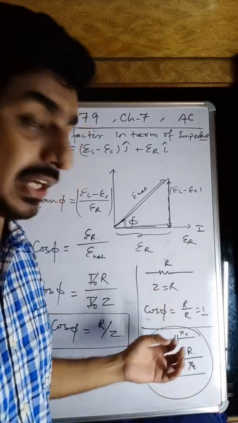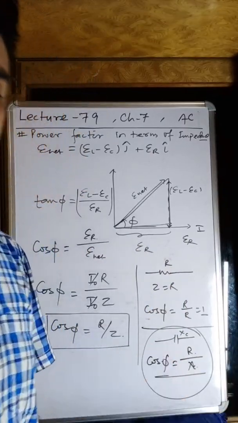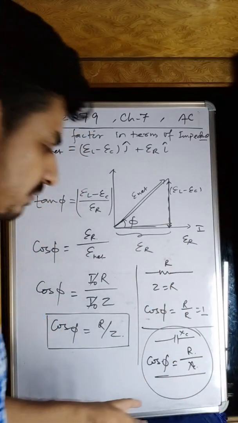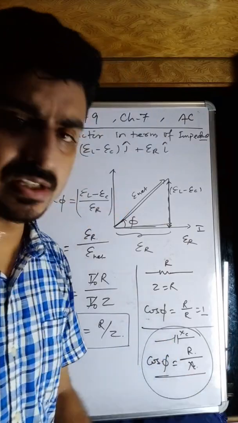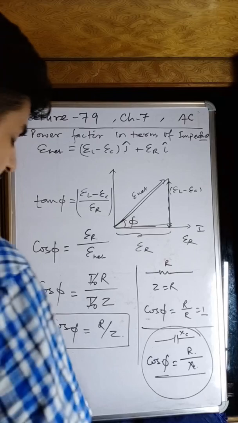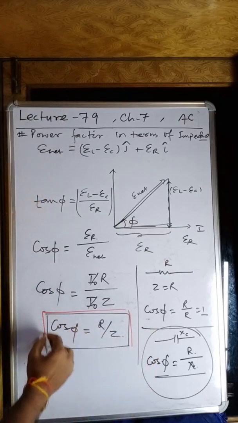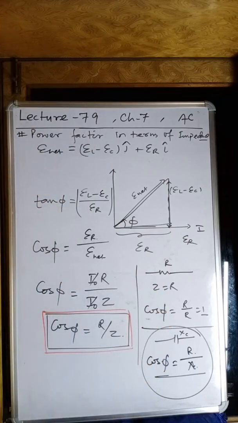Of that CR circuit, you can find out the power factor. So in terms of impedance, we can write the power factor as this. This is a very, very important equation, my dear students: cos phi is R over Z.